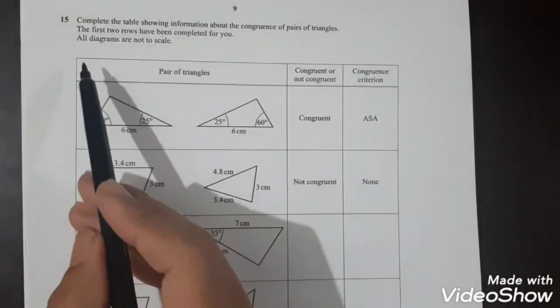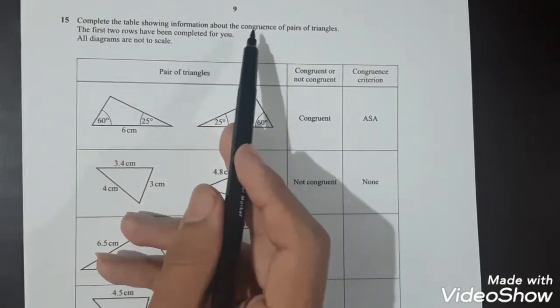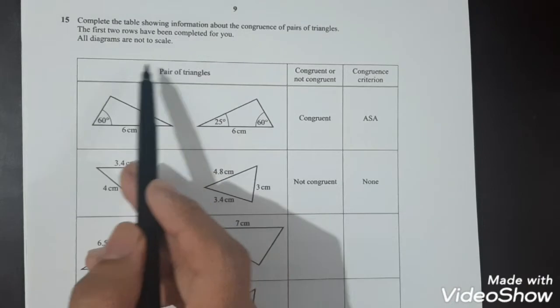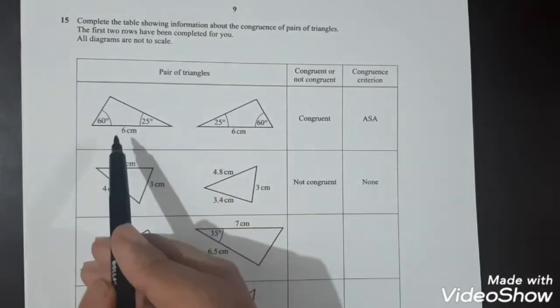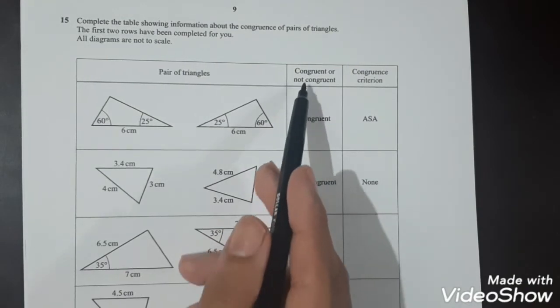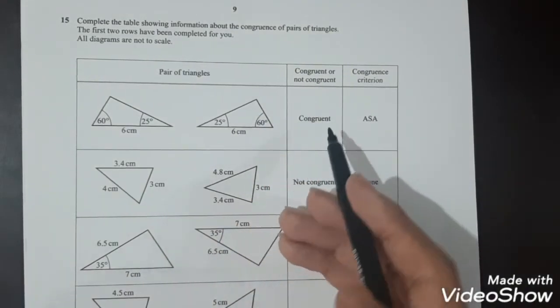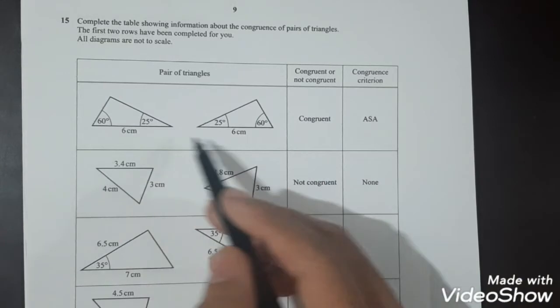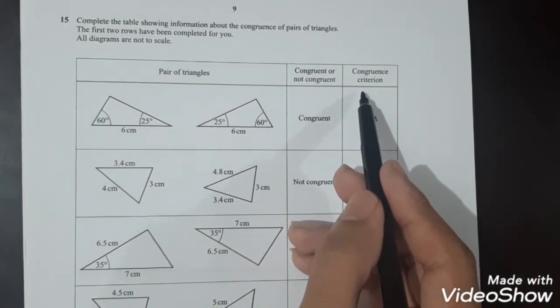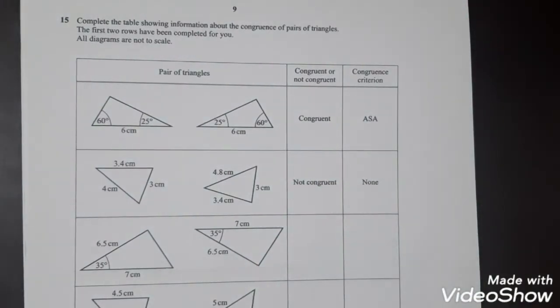Question 15 states complete a table showing information about the congruence of pairs of triangles. The first two rows have been completed for you. The diagrams are not to scale. So the first two pairs are congruent or not congruent. The first is congruent because the angles are the same and the lengths are the same, so the congruence criterion is ASA.